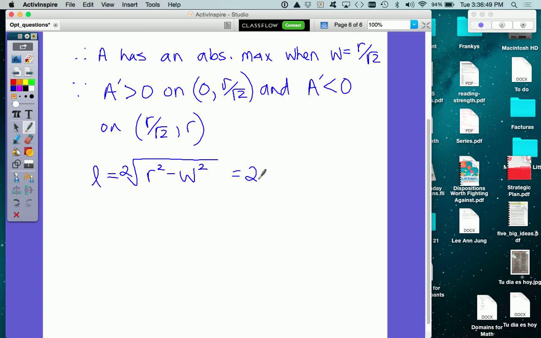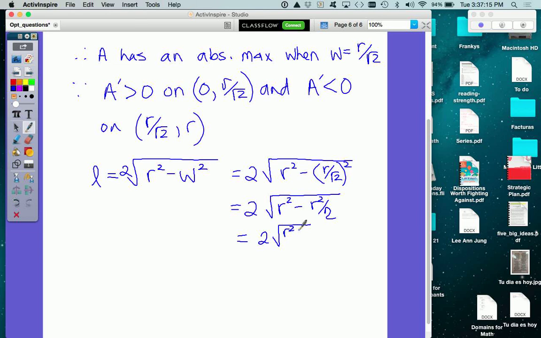Plugging in, this is 2 times the square root of r squared minus r over radical 2 squared, which is 2 times the square root of r squared minus r squared over 2, which is 2 times the square root of r squared over 2, and that's 2r over root 2, which is the same as root 2 times r.